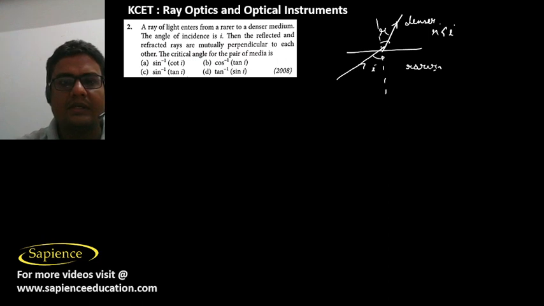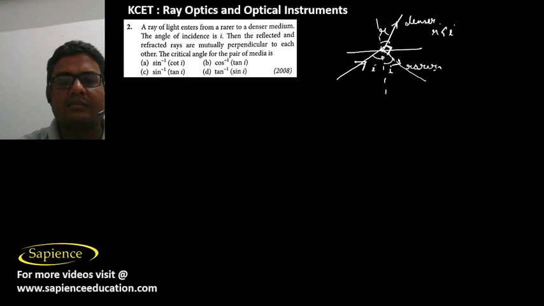Then the reflected and the refracted rays are mutually perpendicular to each other. There will always be some partial reflection also. This is the partially reflected ray. This is I, and the reflected and refracted rays are mutually perpendicular, so their angle is 90 degrees.